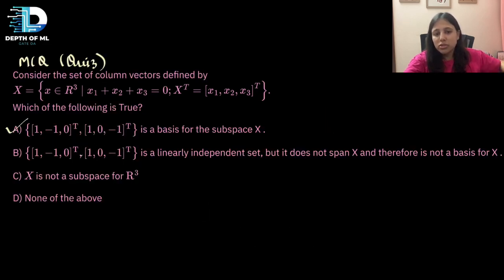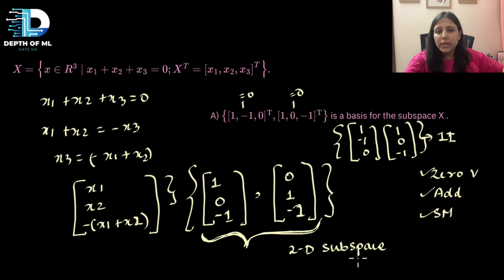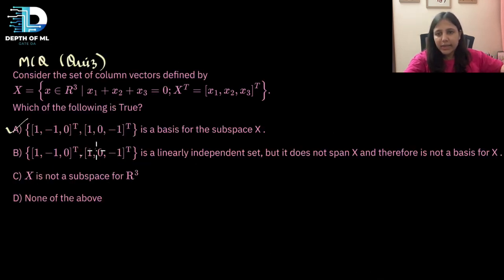So they thought this is not the correct basis, but they forgot the fact that any two linearly independent vectors from that particular set will actually form the basis, right? So if these two vectors are linearly independent and they satisfy the condition that has been set for this particular set of vectors, then they will actually form the basis.